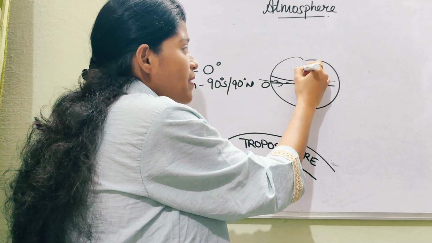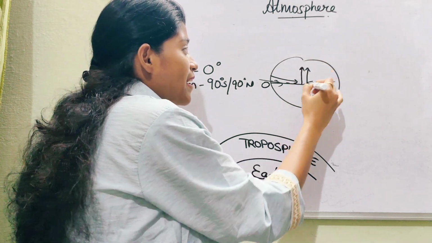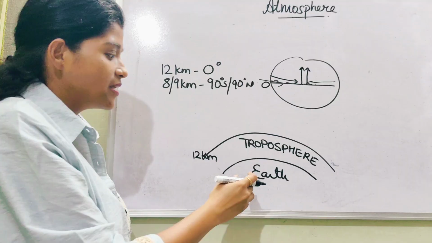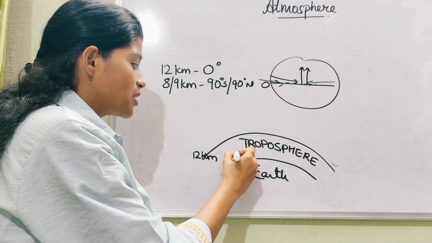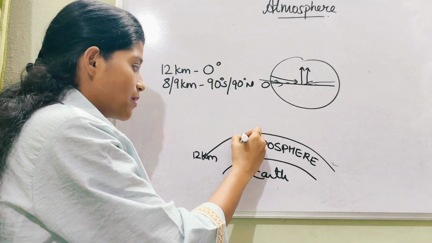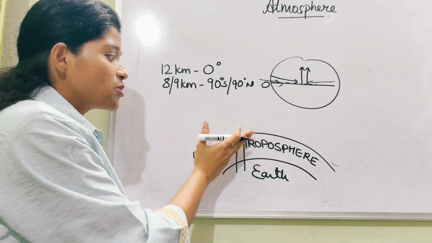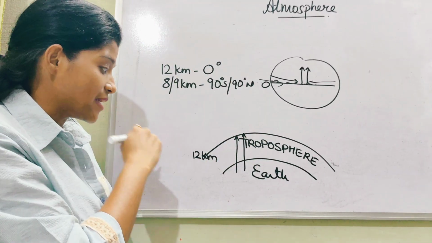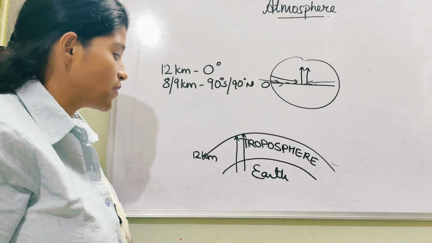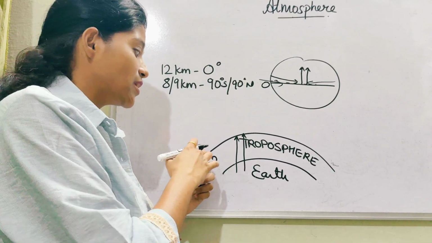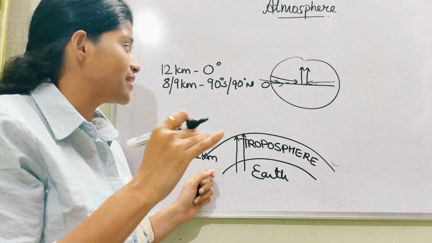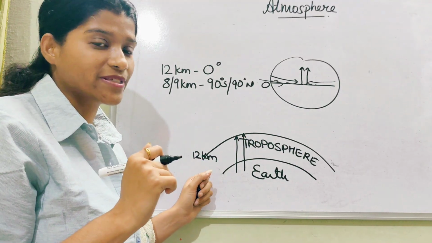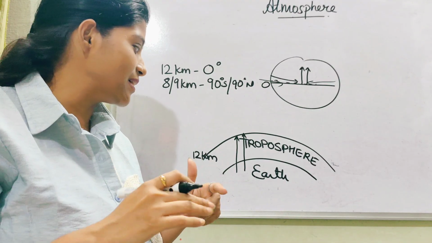So when the warm air will rise up, then it will push the troposphere up. So that's why the height of the troposphere is 12 kilometers over the equator and it is just reduced to 8 or 9 kilometers at the poles. Okay, I hope it is clear now.